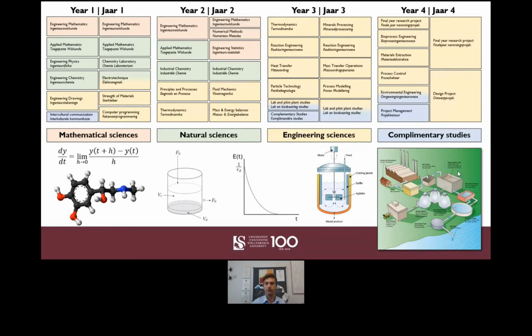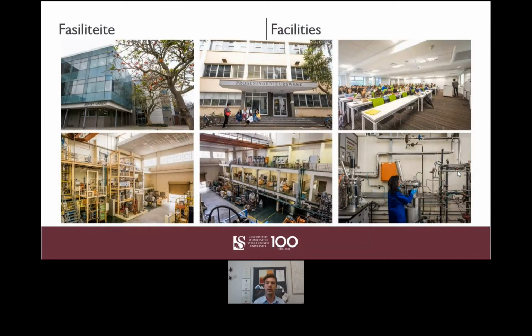So the Department of Process Engineering at Stellenbosch University has some excellent facilities. We have good undergraduate teaching facilities available to accommodate large classes. We've got state-of-the-art laboratories where cutting-edge research happens. And unique amongst chemical engineering departments in South Africa is we have a large pilot-scale facility.